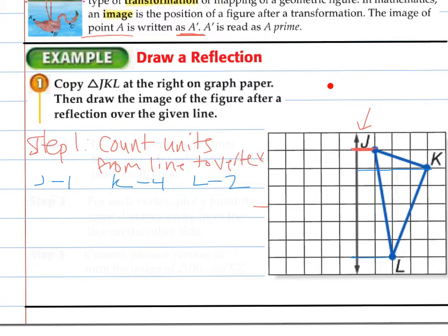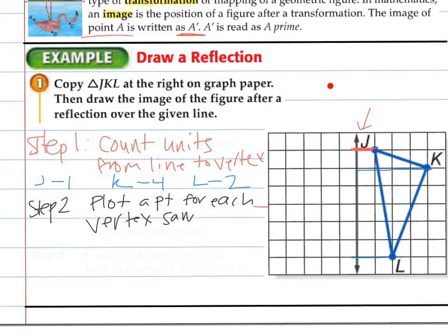Step 2 is, for each vertex, to plot a point the same distance away from the line on the other side.